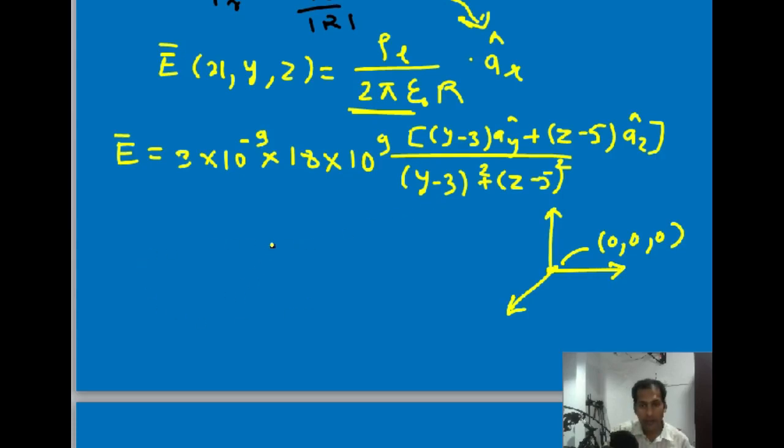So let us directly keep the values. We can calculate this one. It will be same for all. So what we will get, say, we will have E bar. We have to calculate E bar at origin first.